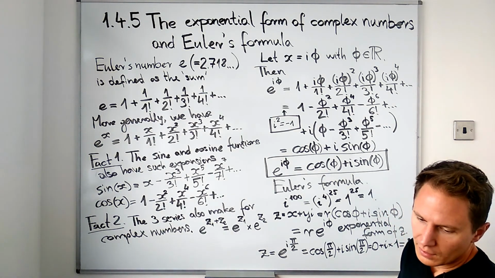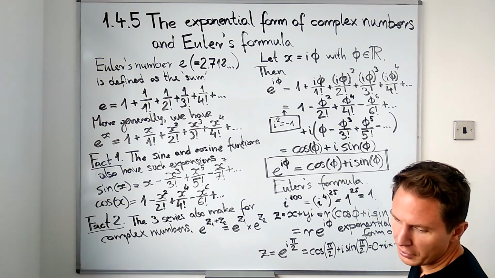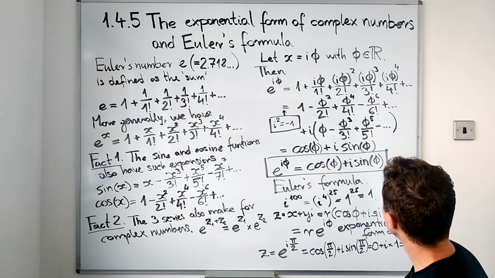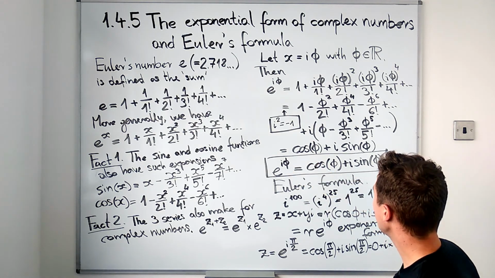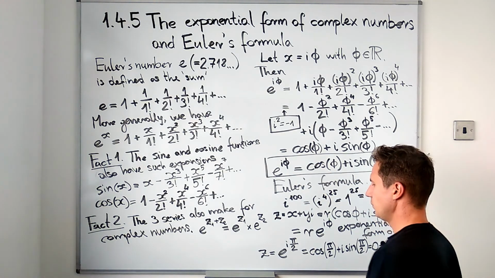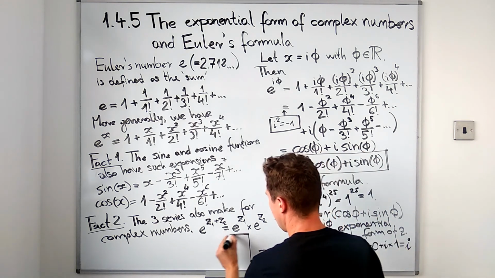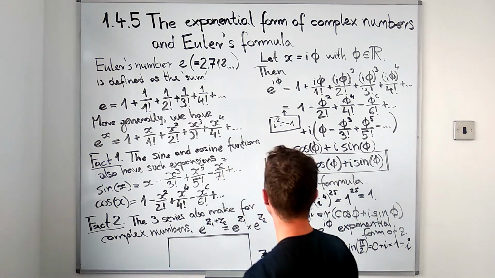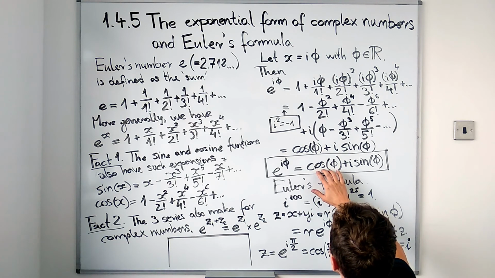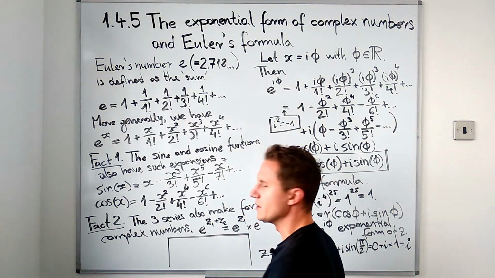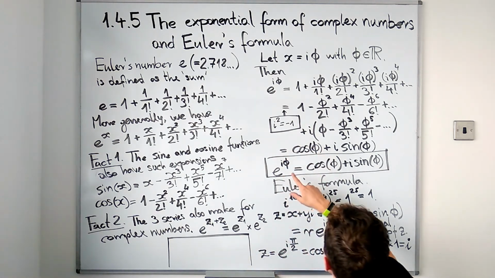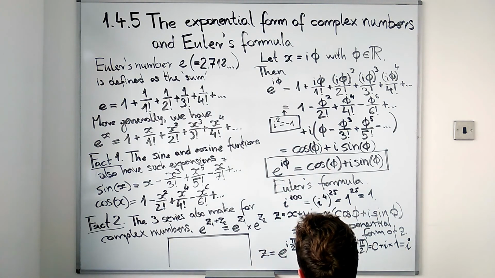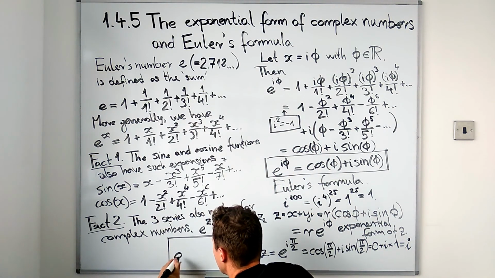So, well, there is only one thing that is left at this point, which is picking a very special value for phi. This is just to finish the video. Some people claim that this next formula is the most beautiful formula in all of mathematics, and you get it when you replace phi by pi radians.